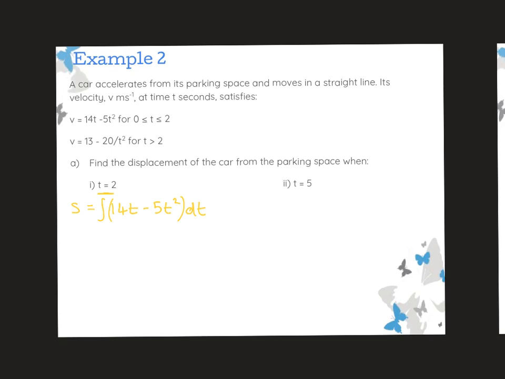So if I integrate that, we're going to get 7t squared minus 5t cubed over 3. And our limits, I should have said at the start actually, it's going to be 2 and 0. We want to see how far has it travelled, the displacement in those first 2 seconds.